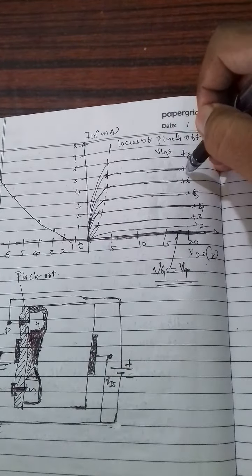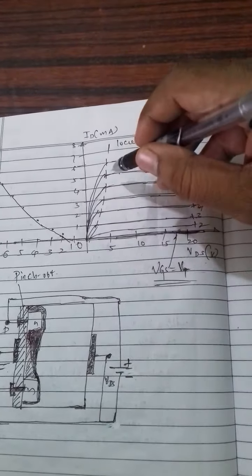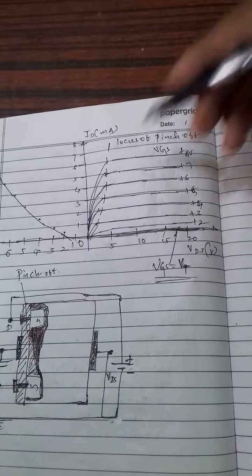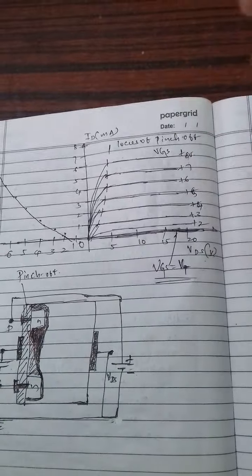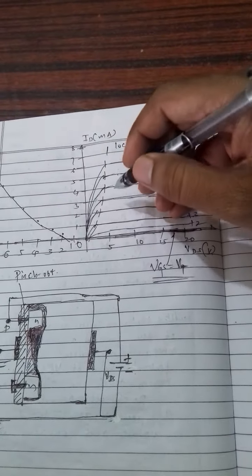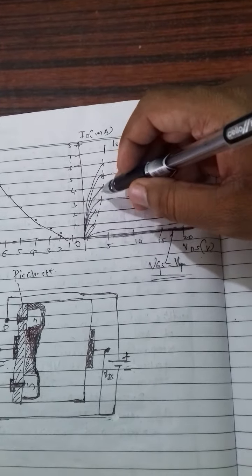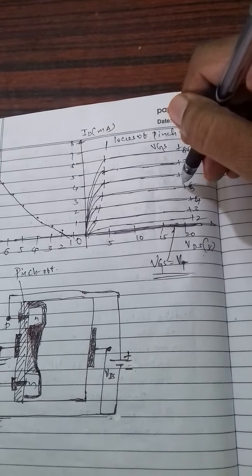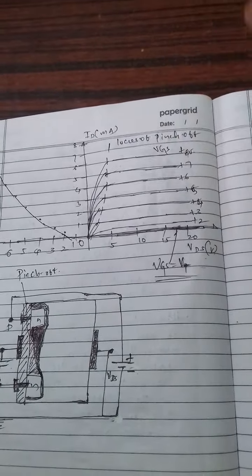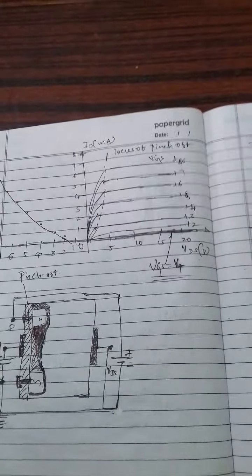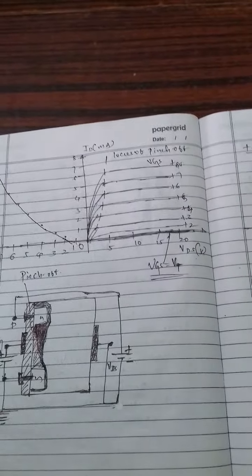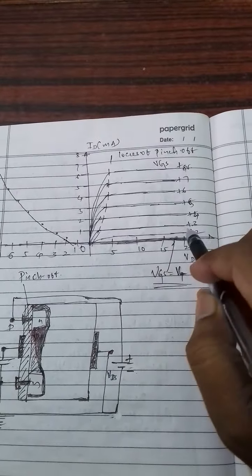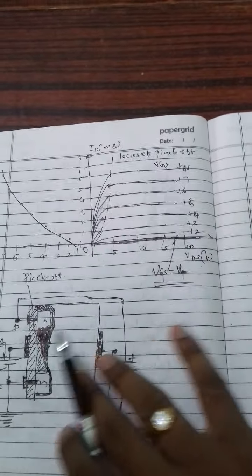If the value of VGS is reduced, then the drain current is also reduced, because the pinch off also decreases as VGS decreases, that is the saturation value of VDS also decreases, plus 4 volts, plus 3 volts, plus 2 volts.